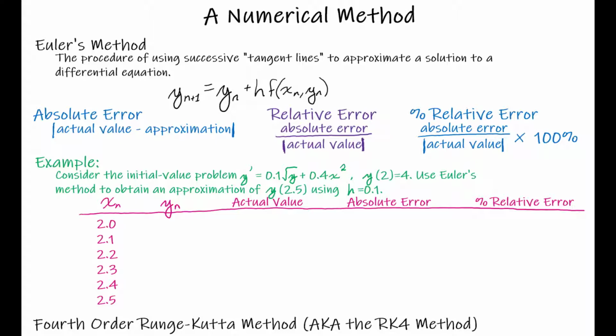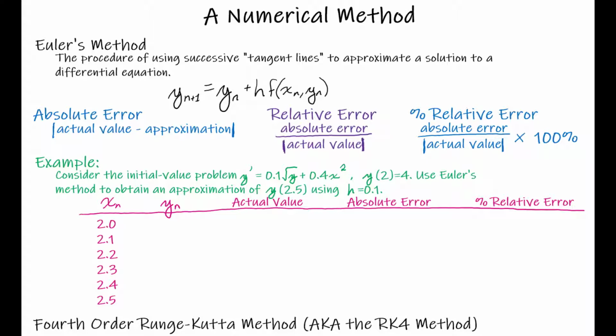It uses a recursive equation where I know that the y sub n plus 1 value can be determined by taking the y sub n term plus h times my function evaluated at x sub n and y sub n. Now n is the number of steps that I've taken.